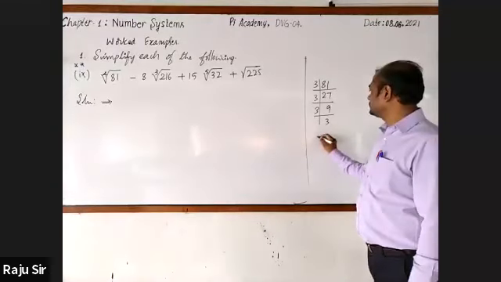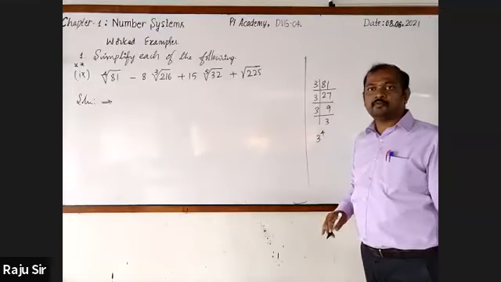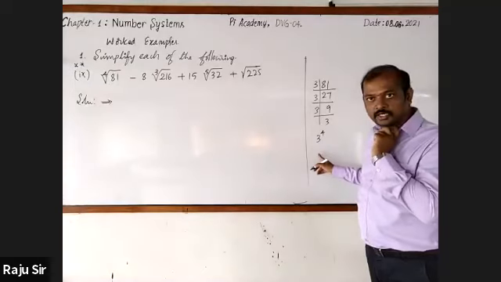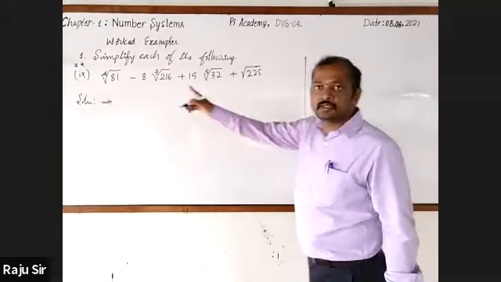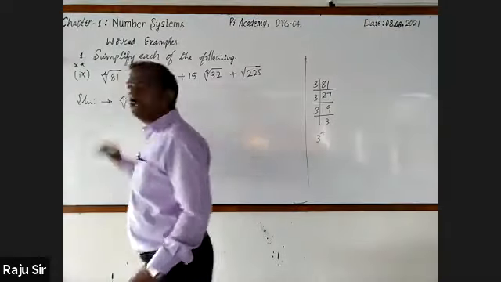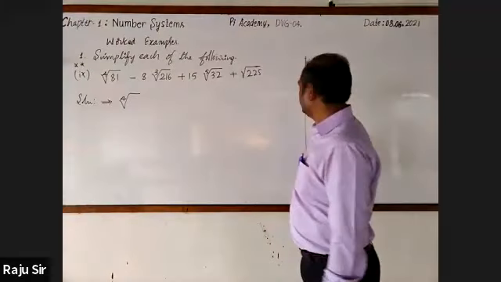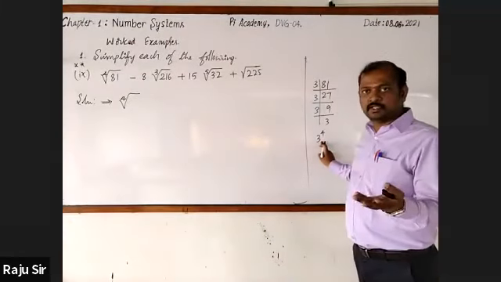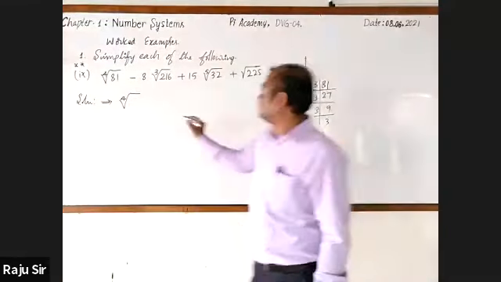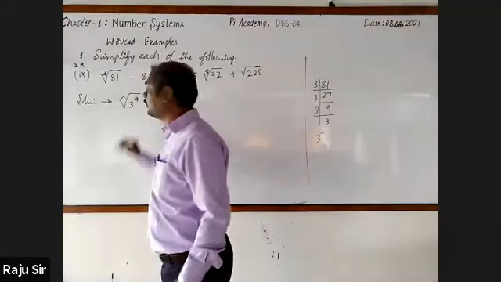So 81 is 3 raised to the power 4. Got it? Yes, sir. The 4th root of 81 is nothing but 3 raised to the power 4 under the 4th root.